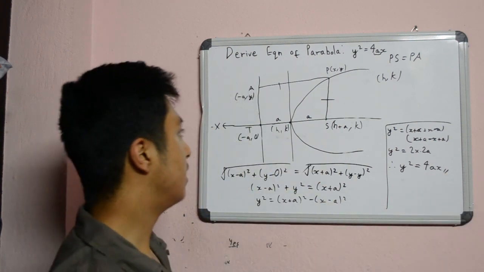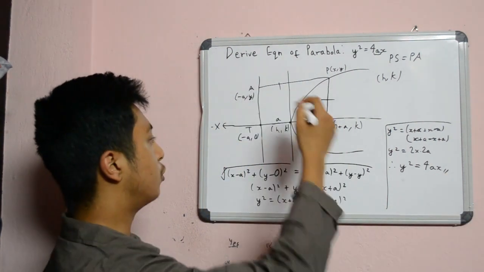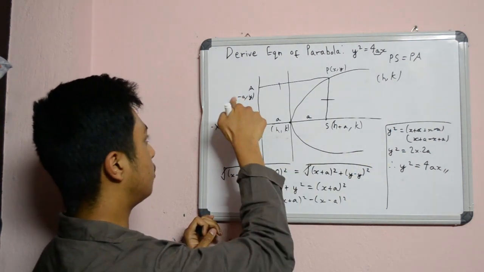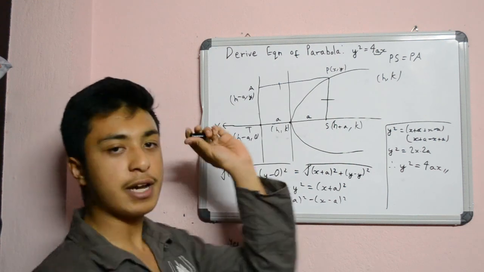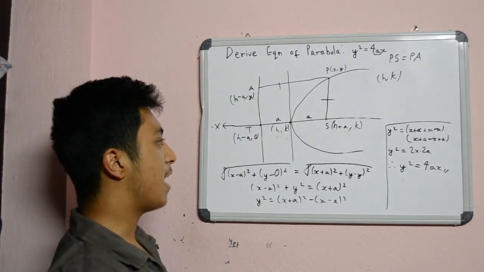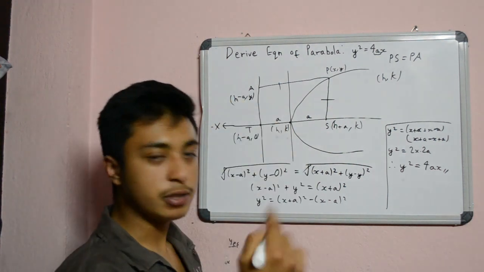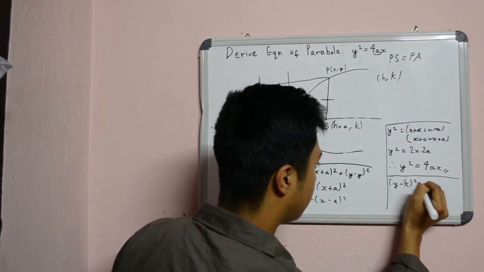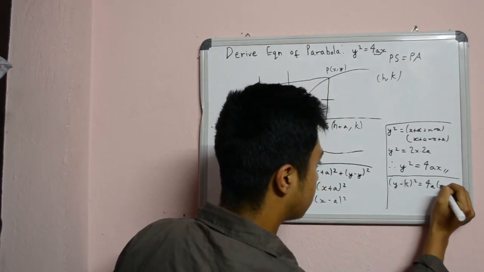For this point, you can do the same. This will be h minus a, this will be h minus a, and you can continue from there and simplify, and it will finally give you (y minus k) whole squared equals 4a times (x minus h).